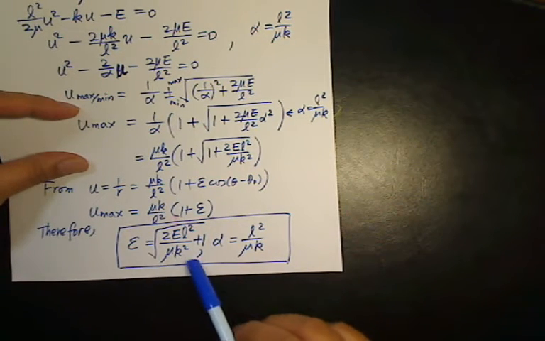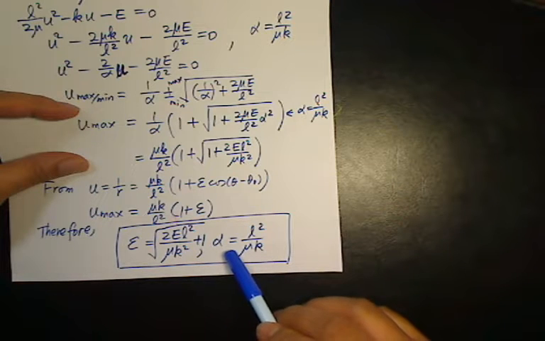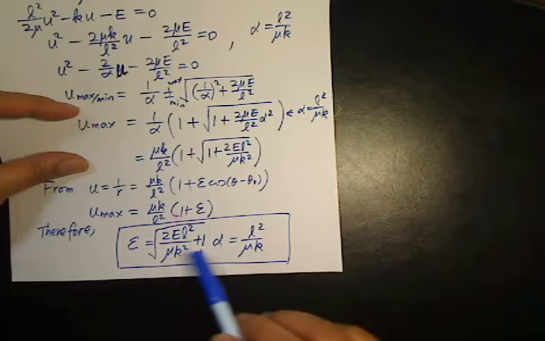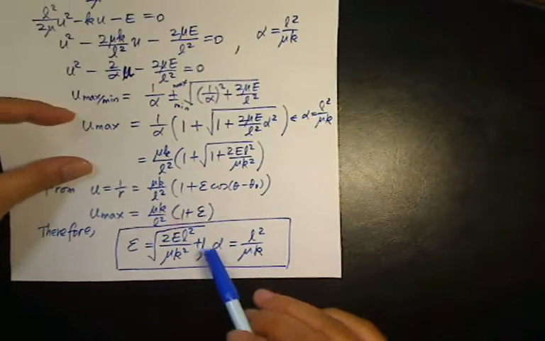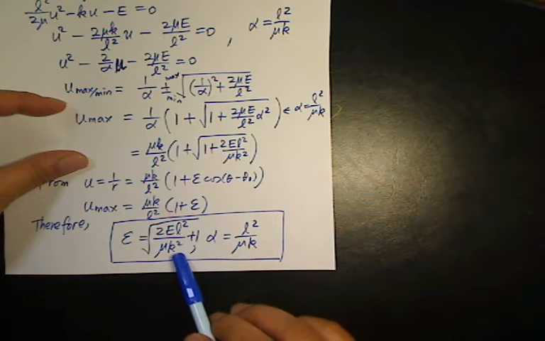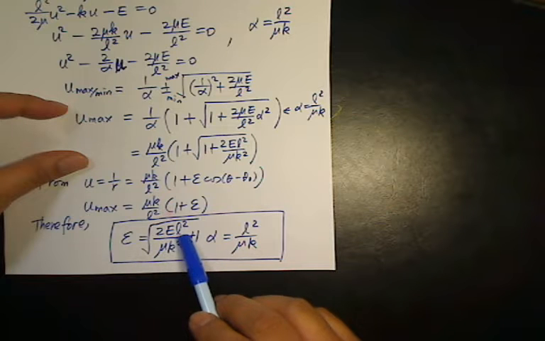Therefore, this is the eccentricity, and this is the semi-latus rectum. And all these geometrical parameters are completely determined by strength k and the total mechanical energy E and orbital angular momentum L.